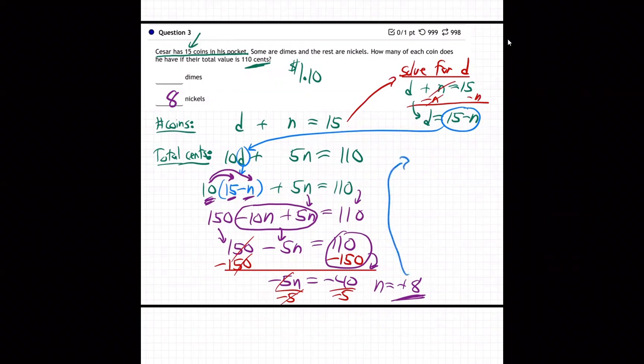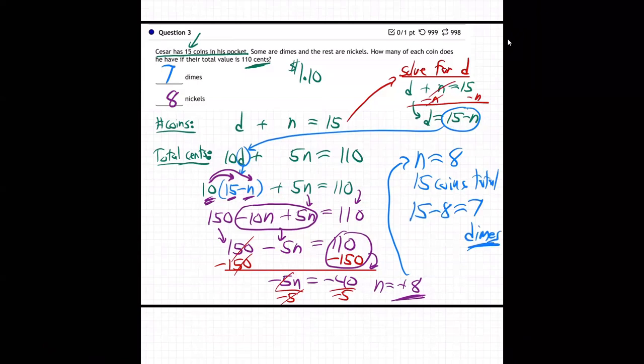So N equals 8 nickels, 15 coins total. So 15 take away 8 is 7 dimes. There must be 7 dimes because there's 15 coins total. And so there we go.